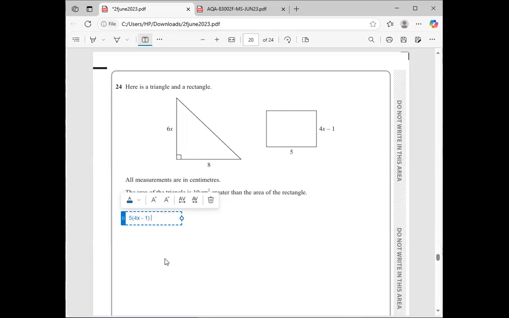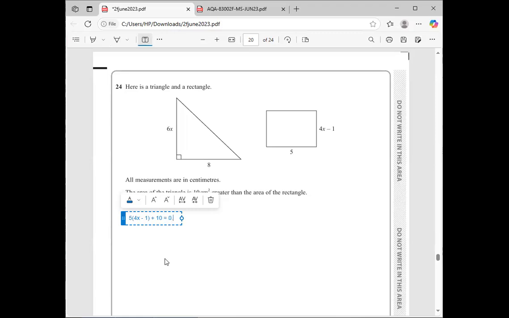Now, since they said that the area of the triangle is 10 centimeters squared greater than the area of the rectangle, that means if I add 10 centimeters squared to the area of the rectangle, that will give me the area of the triangle, which is what?